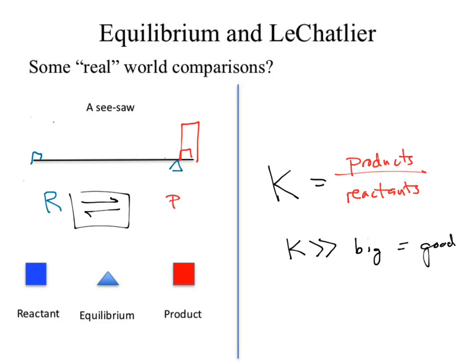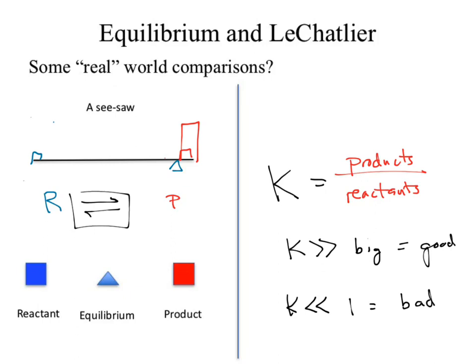So I'd be looking at a K value that is very, very small in comparison to 1. All real numbers greater than 0 and less than 1 would be a bad value. Anything that's really, really bigger than 1 is a good chemical reaction for us to run.